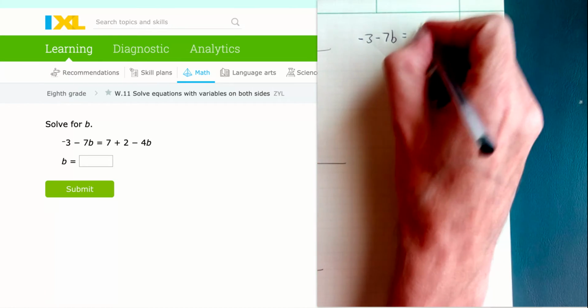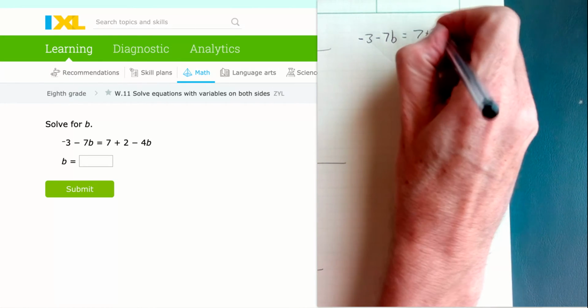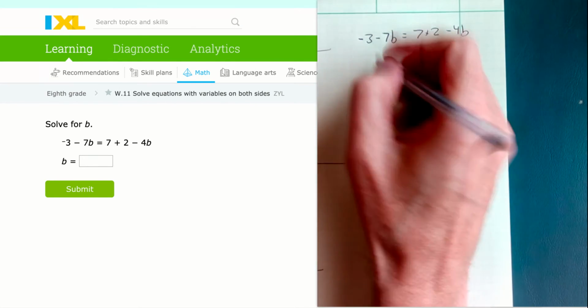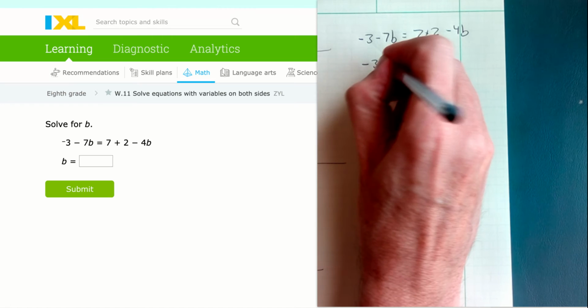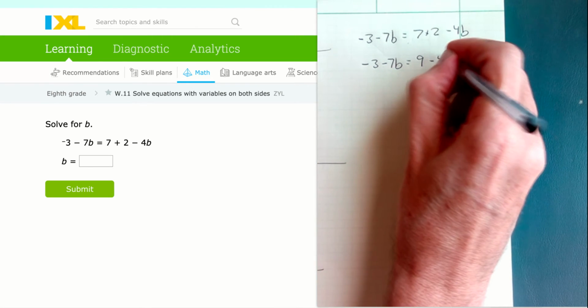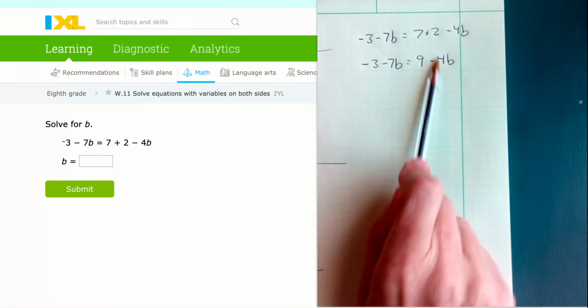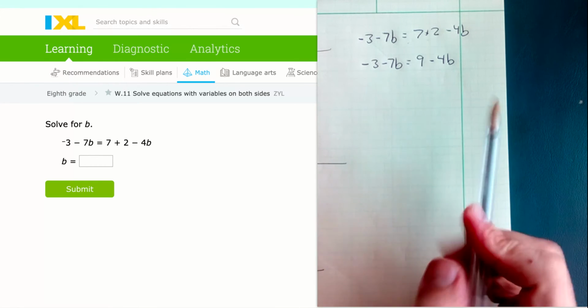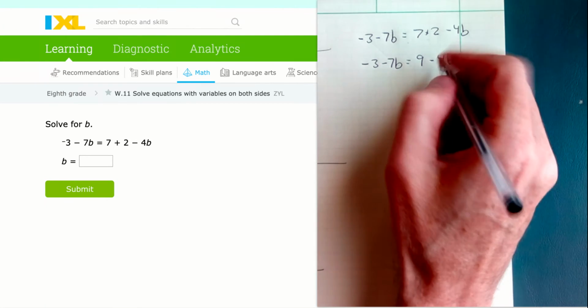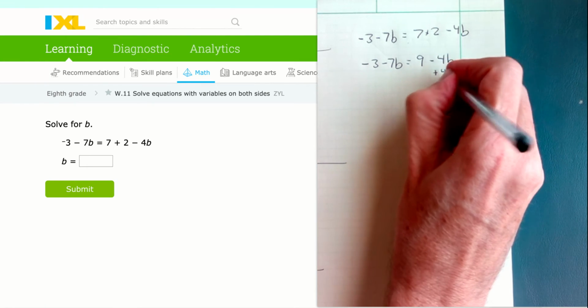So that's 7 plus 2 minus 4b. The 7 and the 2 I'd combine. So I'd do negative 3 minus 7b equals 7 plus 2 is 9 minus 4b. So all I did was combine like terms on the right side. Now that I'm down to this 2-term expression on each side, I'm going to add 4b to both sides.